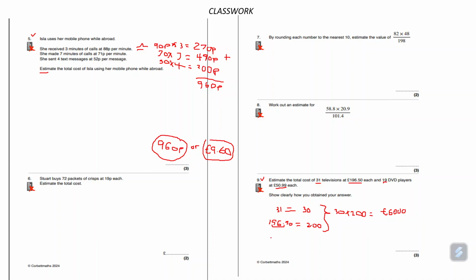Then we look at 19 DVD at 50.99 each. So 19 DVD becomes 20 if you round to the nearest 10, times 50.99 each. Rounding this to the nearest 10 will give us 50.